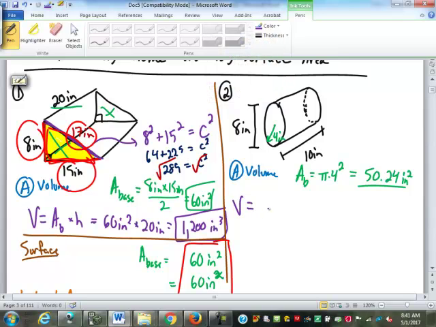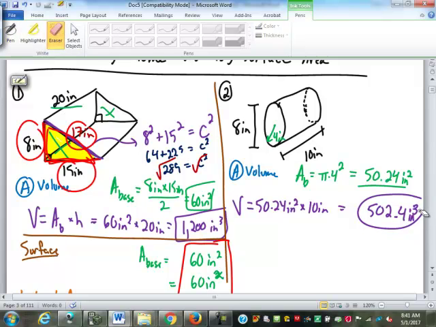So then the volume is the area of the base, 50.24 inches squared, times that height of 10 inches. 502.4 inches cubed. So there's the volume.